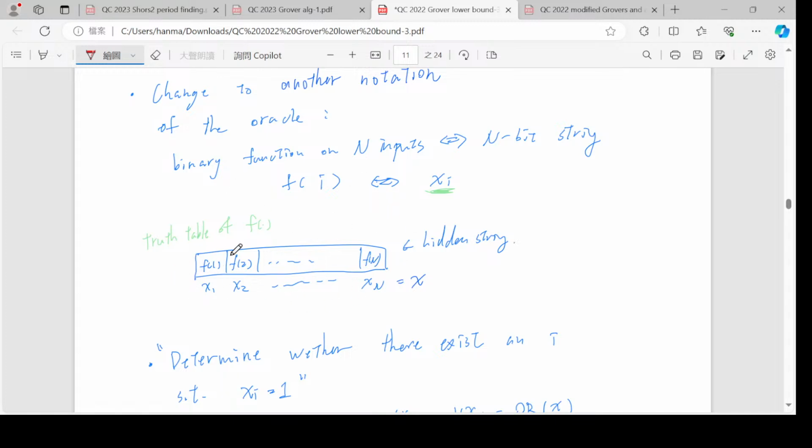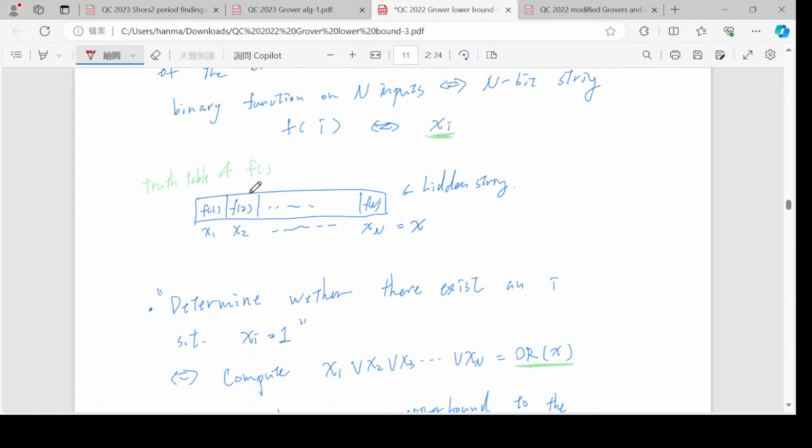And what we are trying to distinguish is whether this string is all 0 or has some 1 here. And you can do that by just computing the OR function of all those bits, right? So if they are all 0, then you compute the OR function, then it's 0. And if there is a 1, you compute the OR function, then it's 1. Okay? So yeah, that's really quick.